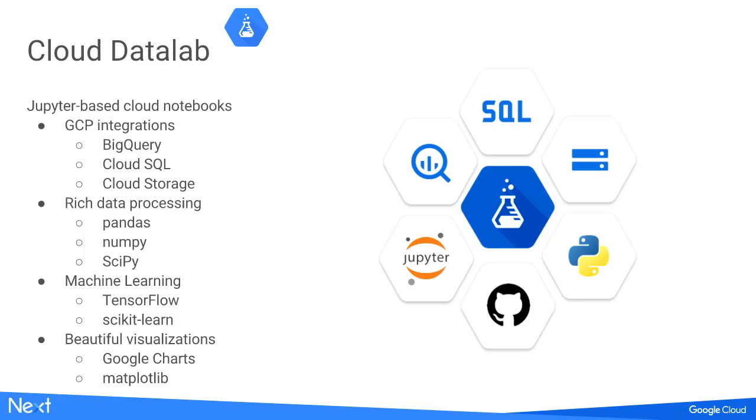You can also process them on cloud distributed processing engines like Dataflow, Dataproc, or now ML Engine. If you want to do machine learning inside of Cloud Datalab, it has TensorFlow and scikit-learn, and it has really nice visualizations.